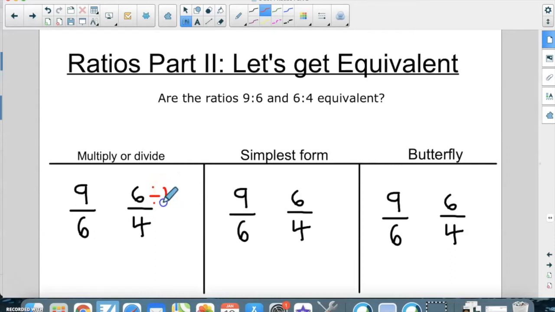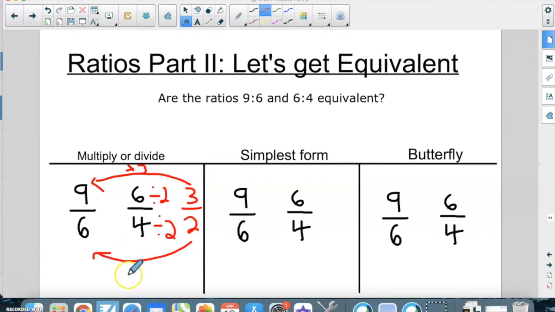And if I divide the top and bottom by 2, my new ratio would be 3 over 2, right? Because 4 divided by 2 is 2. And now, this looks like it'll work. How can I go from 3 to 9? Well, you'd multiply 3 times 3 to get 9. And what you do to the top, you do to the bottom.